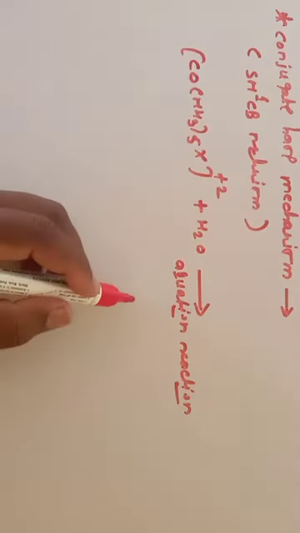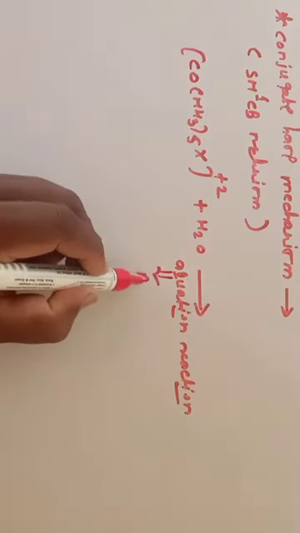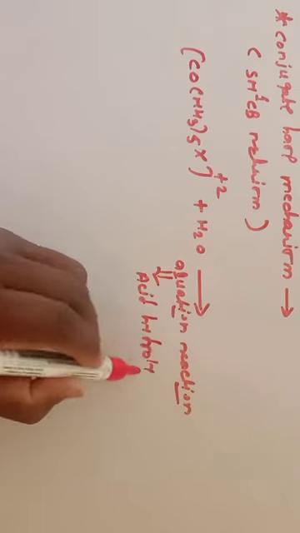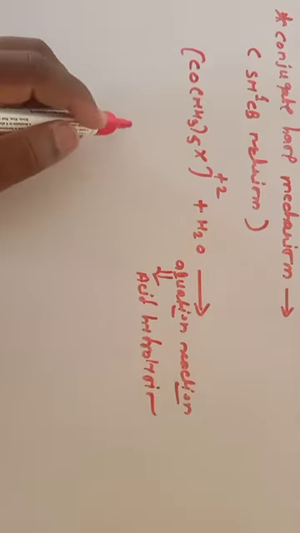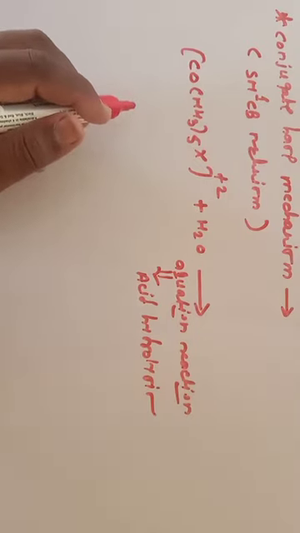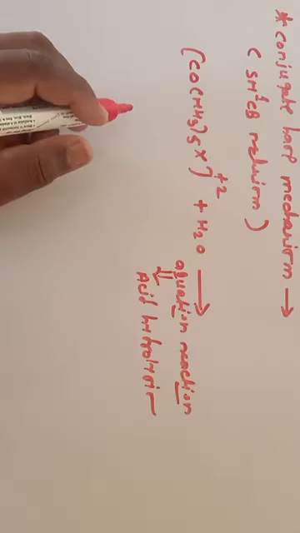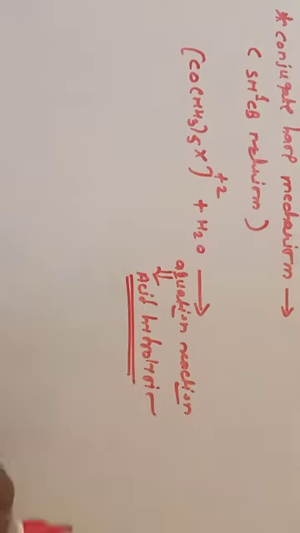Whenever we consider this aquation reaction, it is also known as acid hydrolysis reaction. So you should keep in mind that whatever the aquation reaction, that is the replacement of one of the ligands from the metal complex by water molecule, it is also considered as acid hydrolysis.